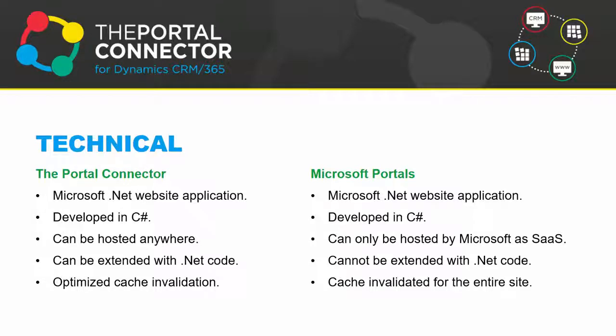Generating pages on the server is a resource-intensive process and can greatly affect the performance of your website. The alternative is to not invalidate your cache, in which case when data changes within Dynamics CRM, it will not be updated in your site until the cache expires naturally.